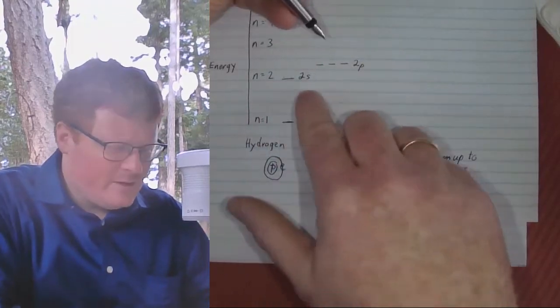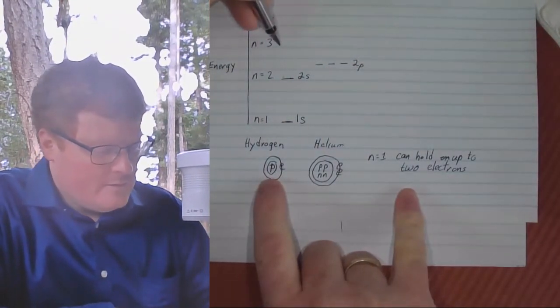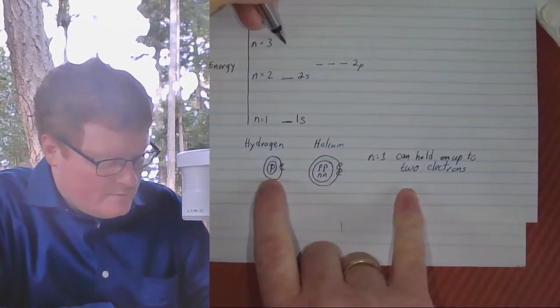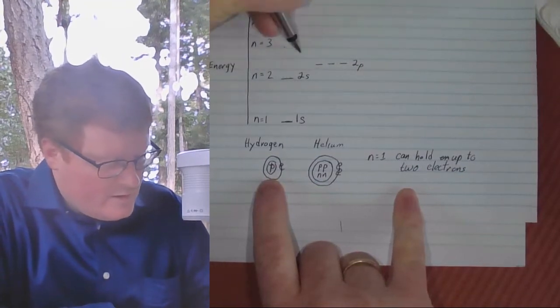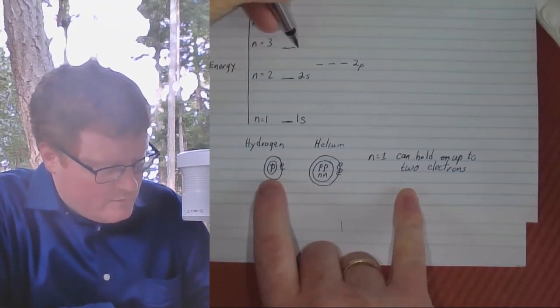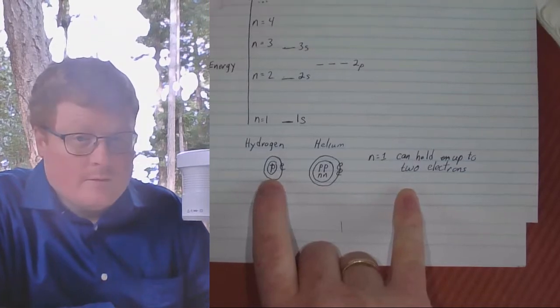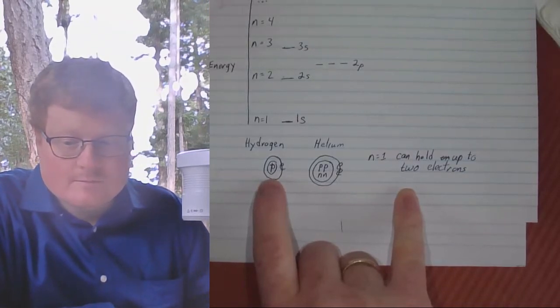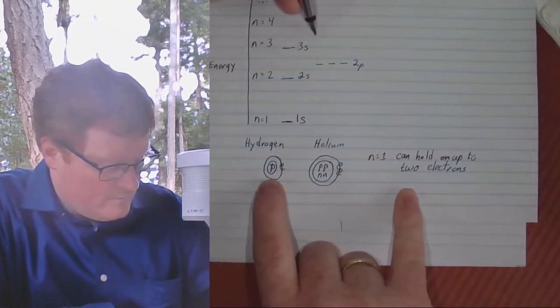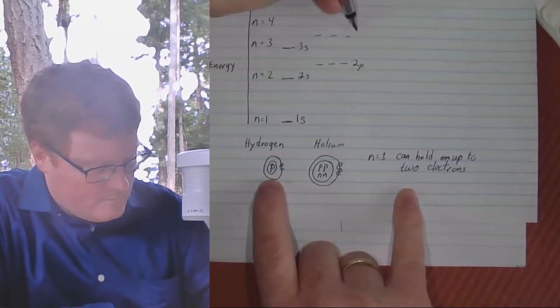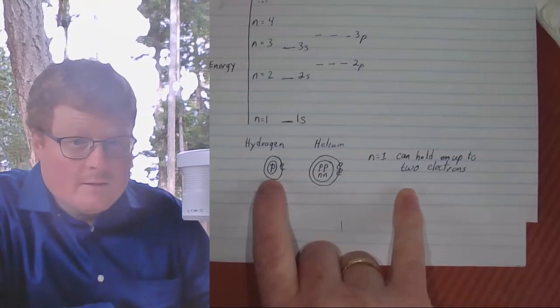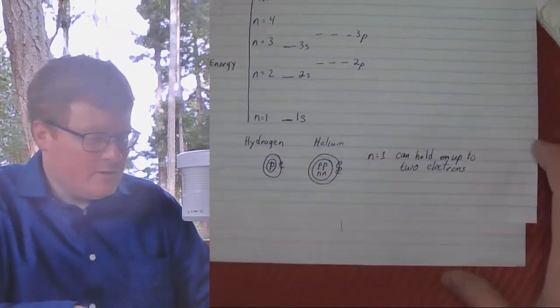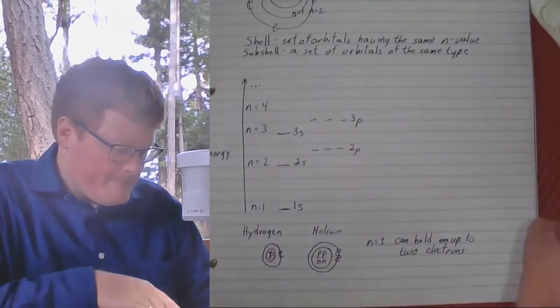You can use the table like this, and as we go up, 1s, 2s, 2p, 3s, 3p. And as we go up, we begin to add more and more.